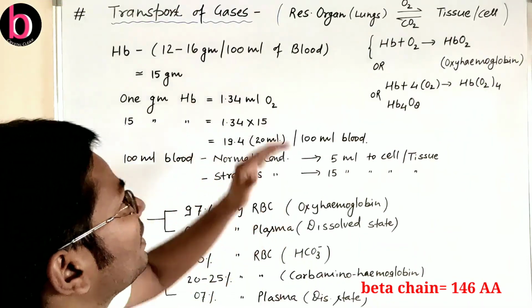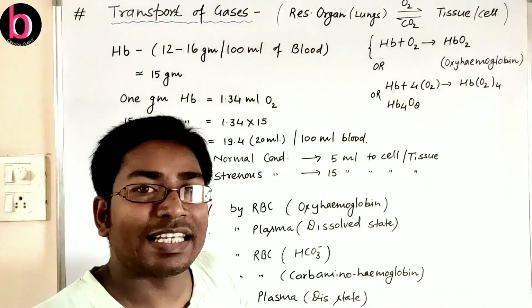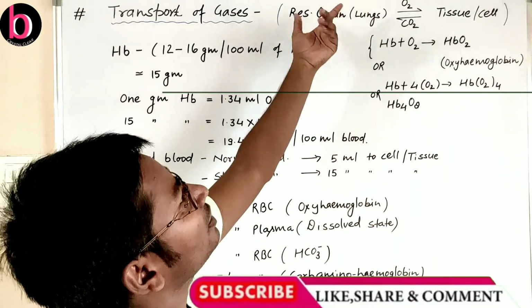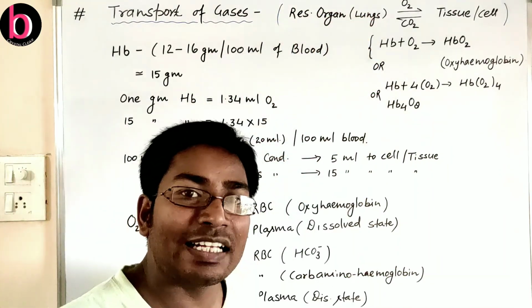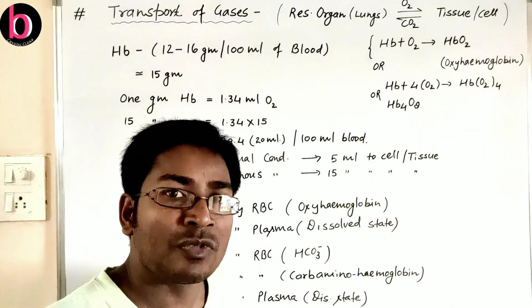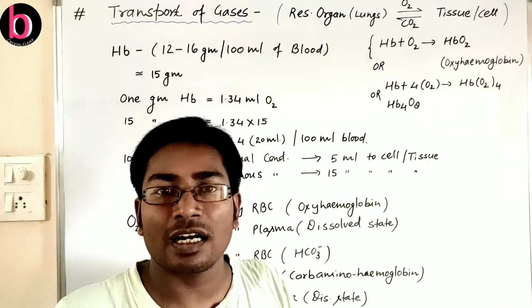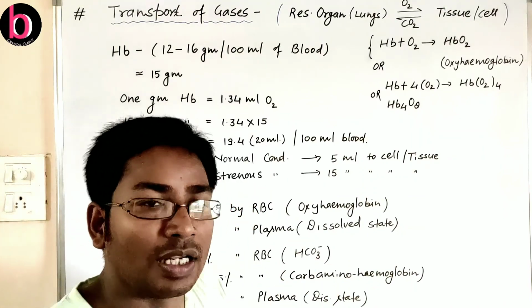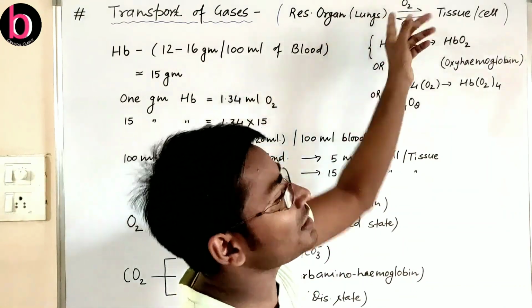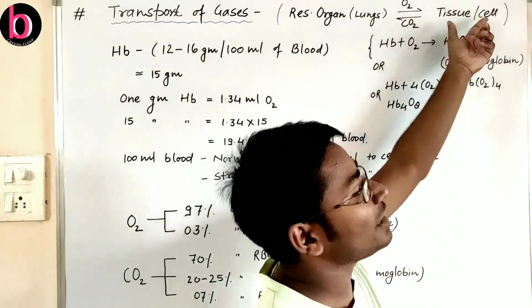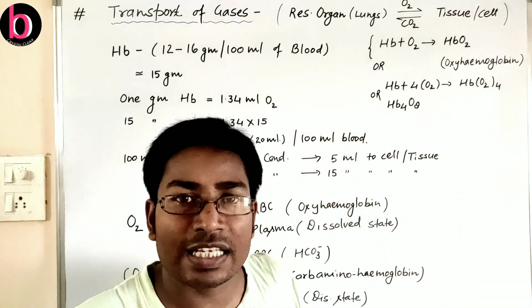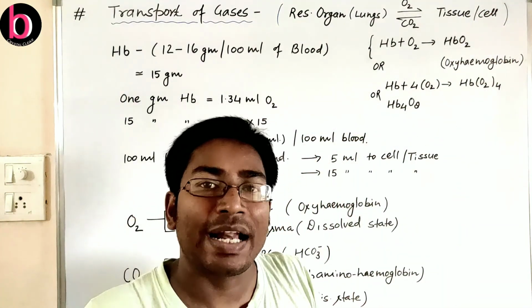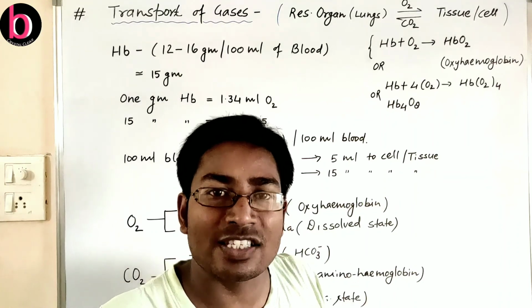Now a very brief note about gaseous exchange in the body. Here this is the respiratory organ, that is the lungs, and inside the lungs these are alveoli, which are considered as miniature lungs or the functional unit of the lung. From the lungs, oxygenated air is supplied to tissues or body cells, and inside the tissues or body cells there will be breakdown or oxidation of food.